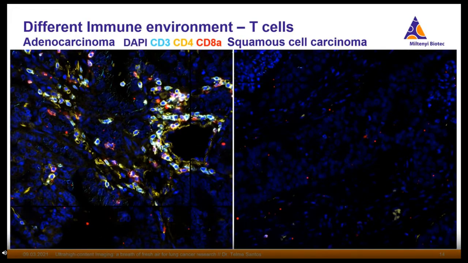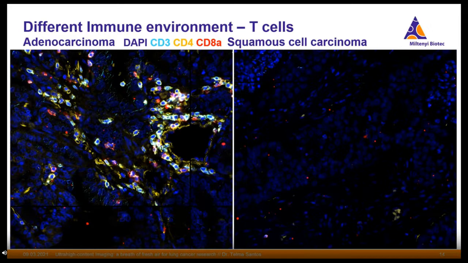Looking at the markers, we can clearly see in this region where we have more T cells that, first, CD3 is the more common T cell marker, so it will be in all T cells. The CD4 is just on T helper cells, and the CD8 is more in cytotoxic T cells. CD8 is normally associated with a better prognosis.